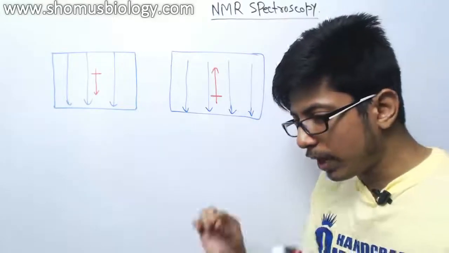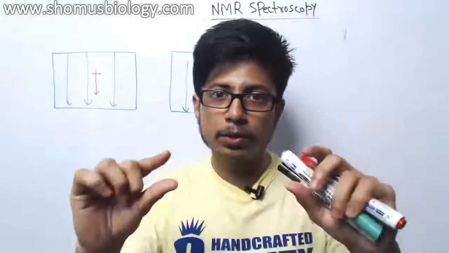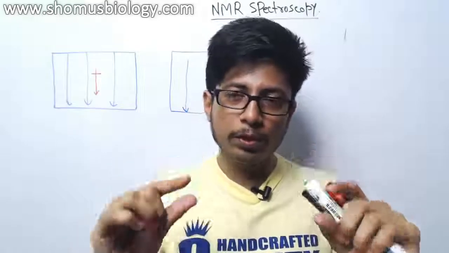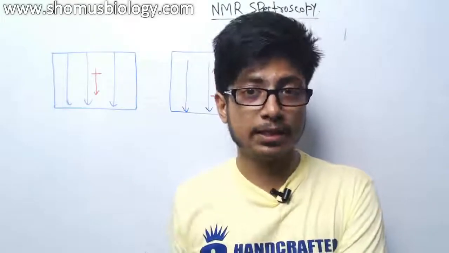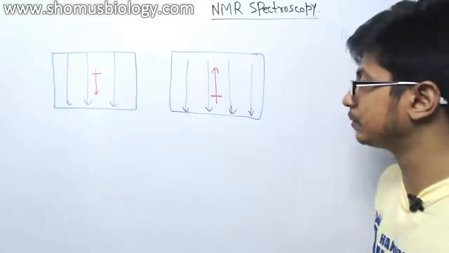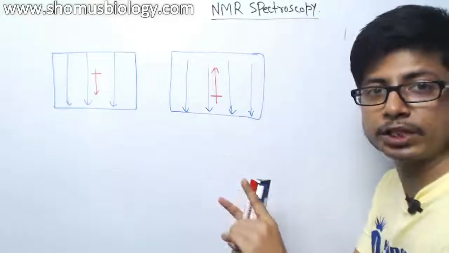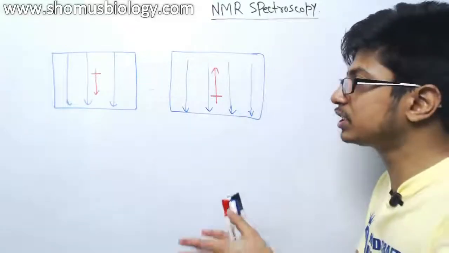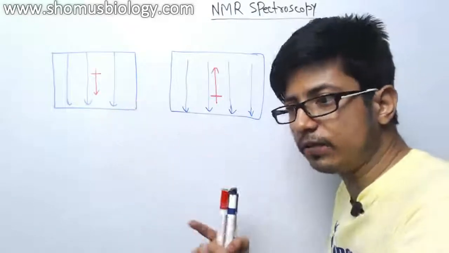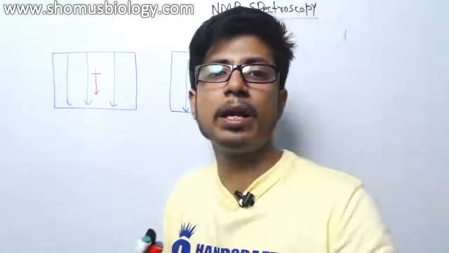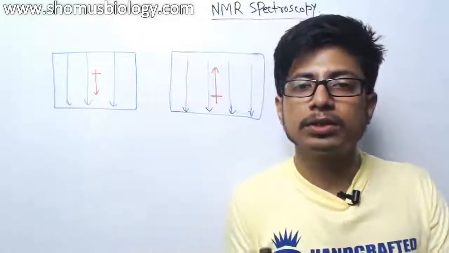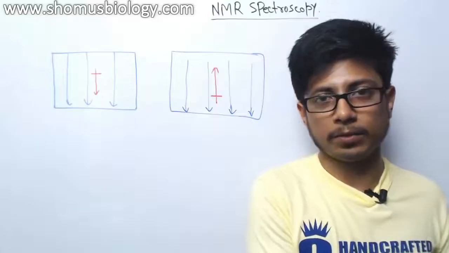So at a time, if you're dealing with a molecule structure, we definitely want all the hydrogens present in that molecule to be spun in the same direction, same orientation, and that same orientation of the spin is going to give us data that helps us understand the structure of that molecule.